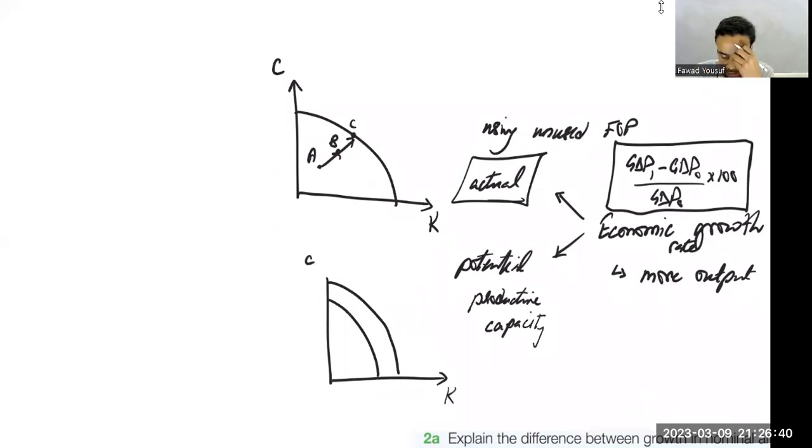I did examiner's assessment checking of this also, and it was moving from A to B, B to C. We had to explain what is the difference between a country's reduction in unused resources versus an increase in the country's productive capacity. Or I can ask this same question like this: what is the difference between a movement from inside to outside, inside to on the curve, and a shift in the PPC curve? They can ask it both ways.